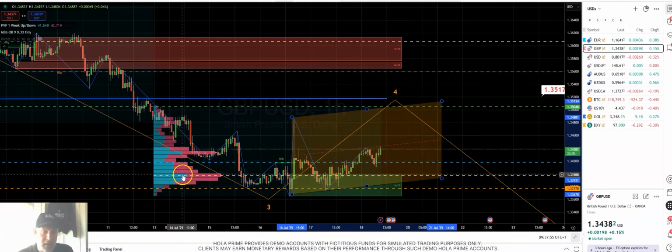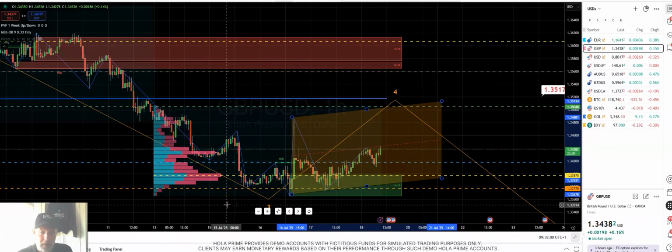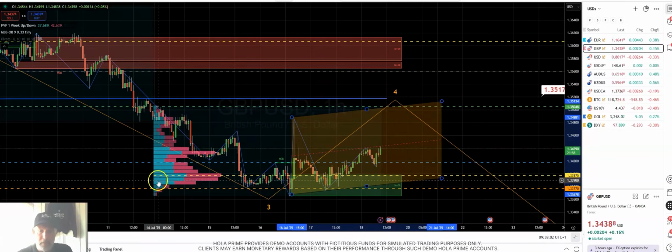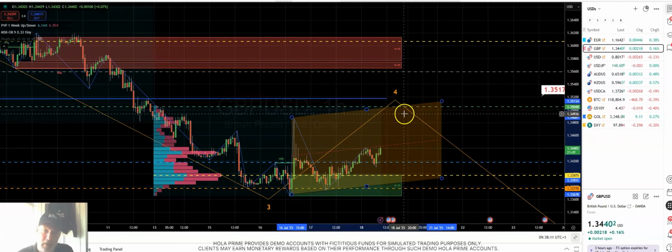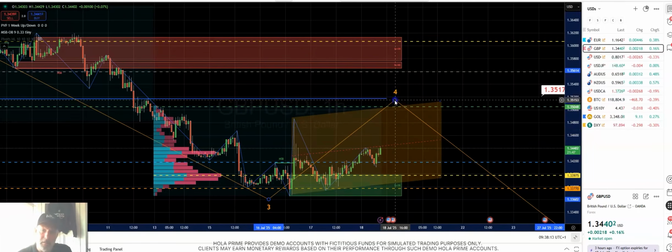We can see here on volume profile that the majority of today's volume has happened at lower levels, which should mean that dips get bought into and we correct higher within that fourth wave.